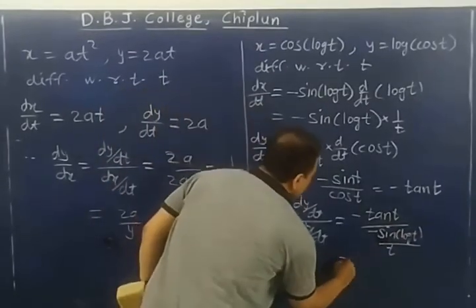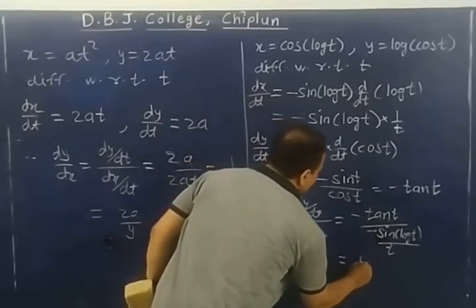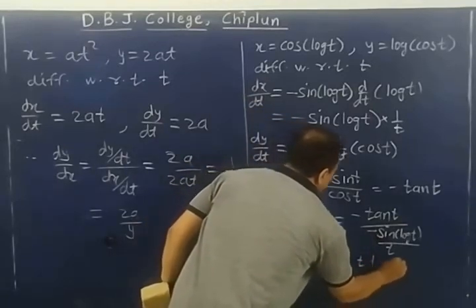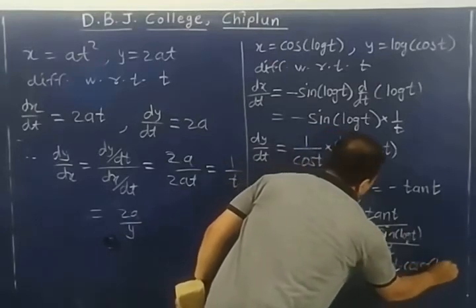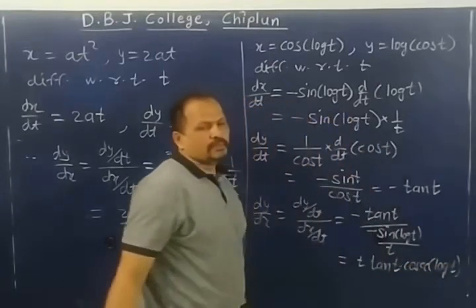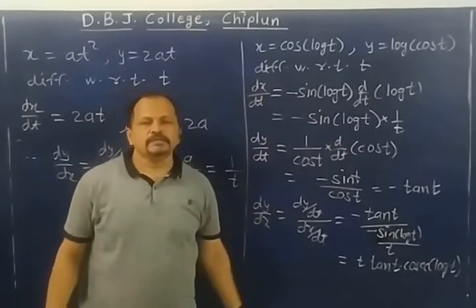Hence the answer: minus minus can be cancelled out, t tan t into cosec log t. Pause this video and write this down.